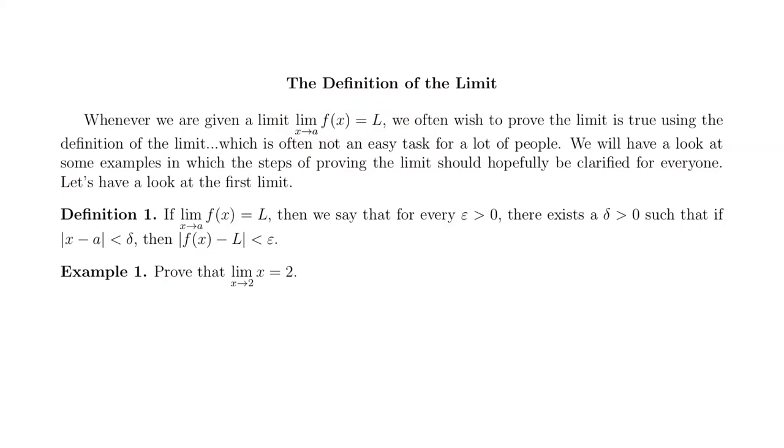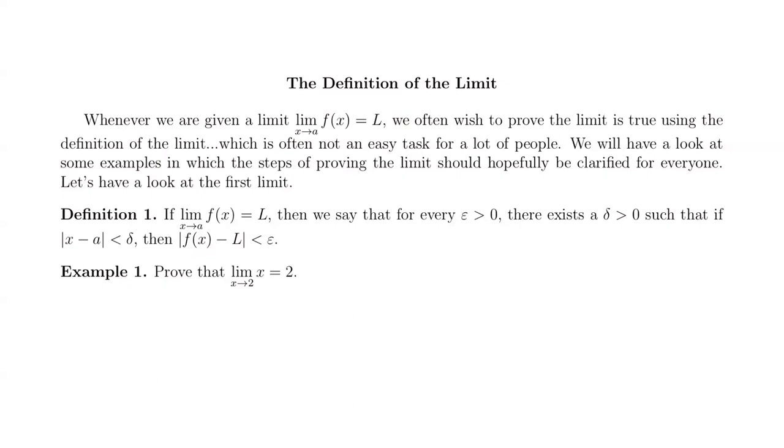But as you get the practice of using the definition of the limit, you'll most likely get a lot better at doing them. And it should almost be instant what the step is that you would have to do. So let's have a look at the first definition.